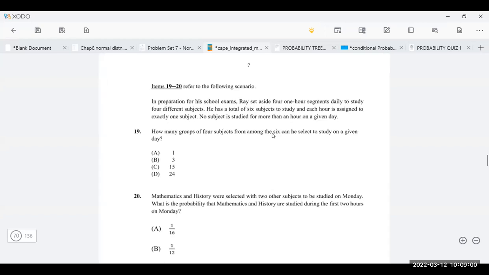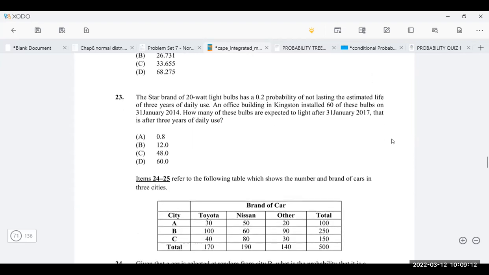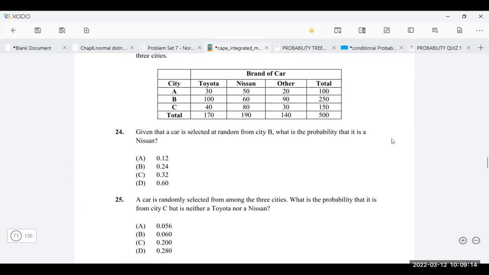Here's a conditional given. So we looked at worded problems. That was the first type of conditional probability we look at. How many groups of blah, blah, blah given? Conditional probability from a table, we just look at that.